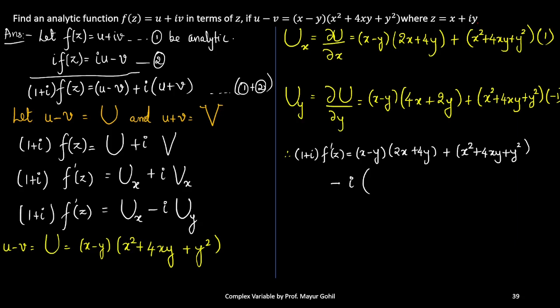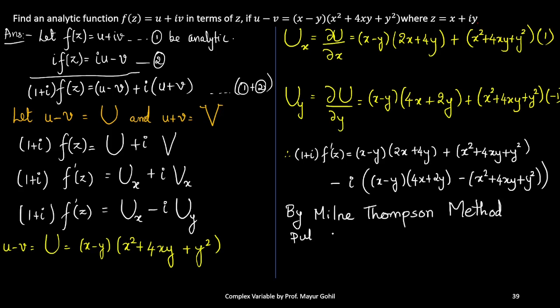Then minus i times (x minus y) times (4x plus 2y) minus (x square plus 4xy plus y square). Now, by the Milne-Thomson method, put x equal to z and y equal to 0.